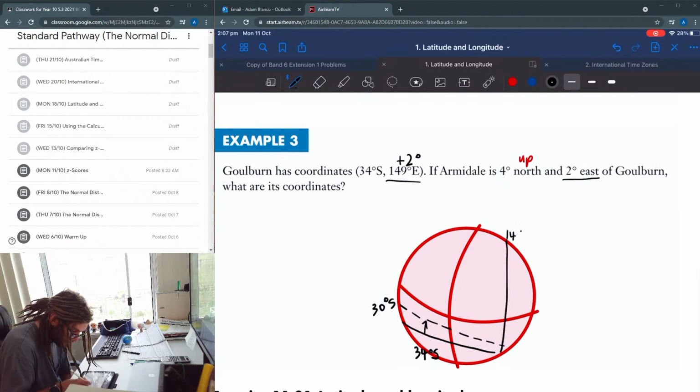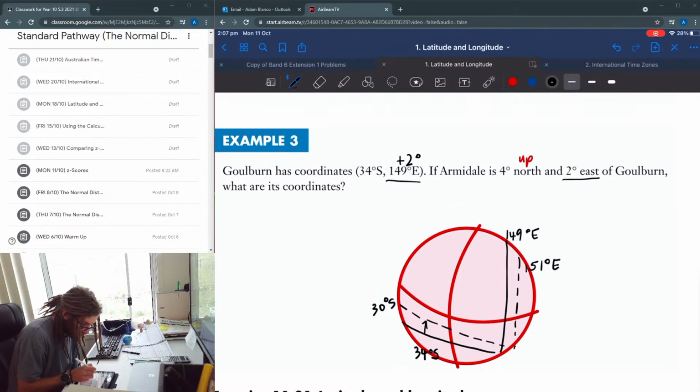If I want to go further this way, it'd be 151 degrees east. So the new coordinates, which would be Armadale, are 30 degrees south and 151 degrees east.